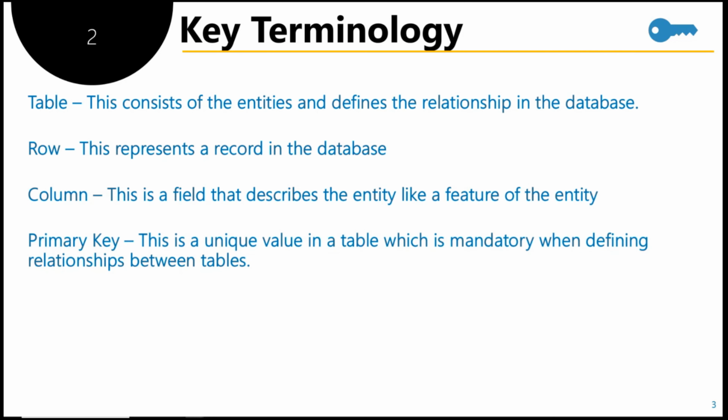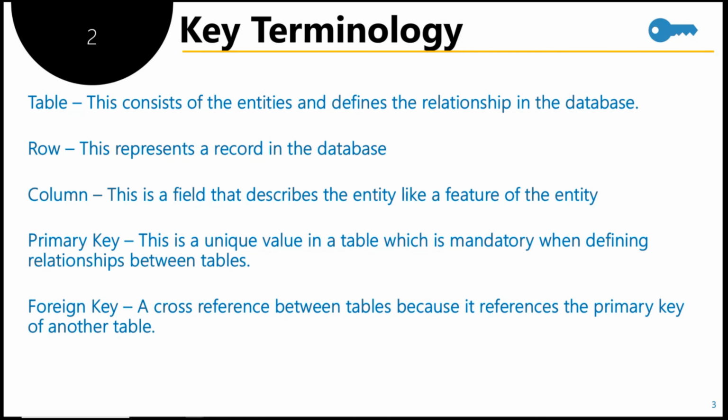Now, when dealing with SQL or databases, databases use tables. Those tables will usually consist of rows and columns. The tables help us define relationships between the entities. When we look at the table, you would have a row. Let's use the example of the NHS within the UK, a patient record.